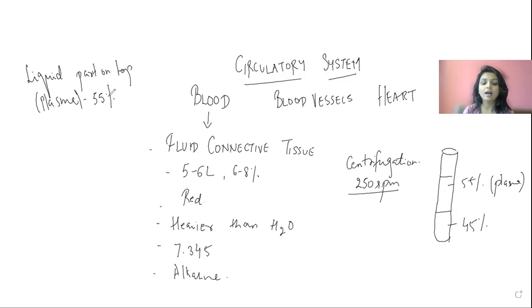The remaining 45% are nothing but the blood cells. The blood cells are present at the bottom, and they make up 45% of the blood.